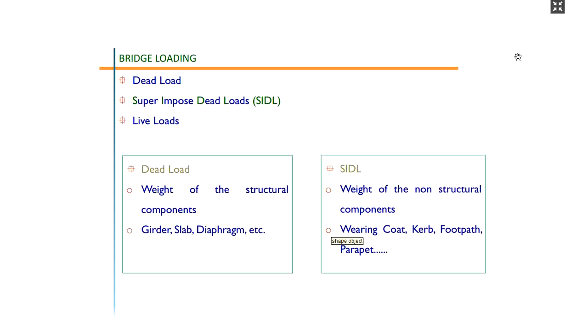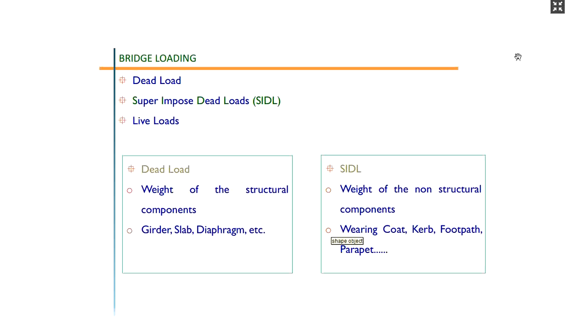So let us focus on dead load. The dead load comprises the weight of the structure: girder, slab and diaphragm, etc. And the second is the superimposed dead load, that is the weight of the non-structural components: wearing coat, curb, footpath, parapet.